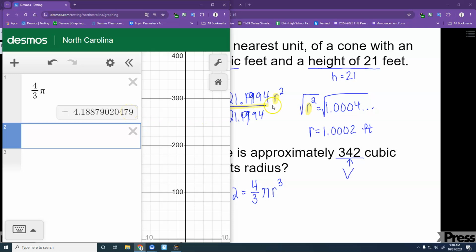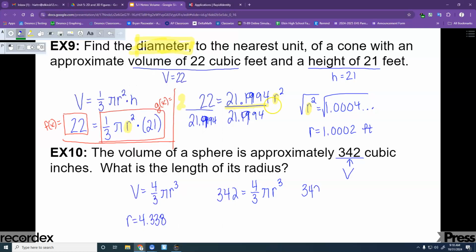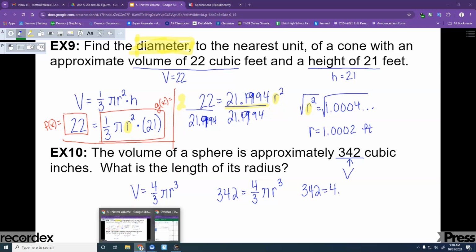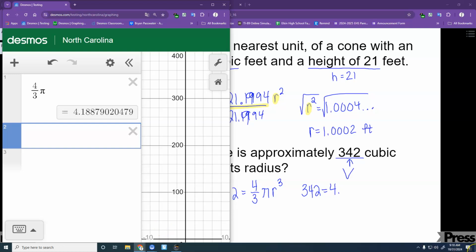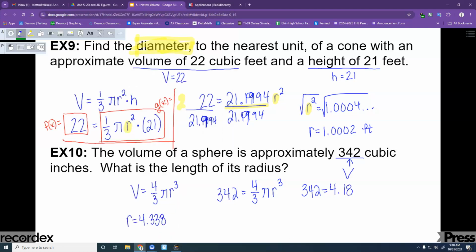So that means I've got 342 equals 4.18879 times the radius cubed. Riley, if I want to solve that for my r cubed, what would I do first? Divide by that 4.18879.